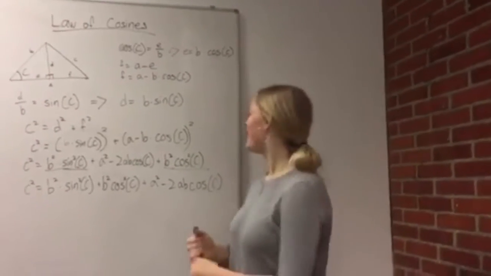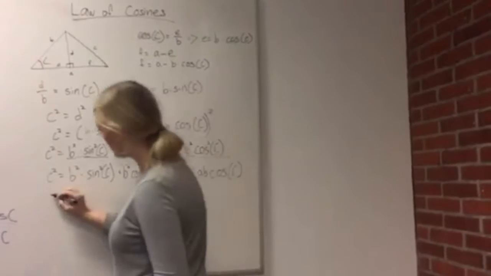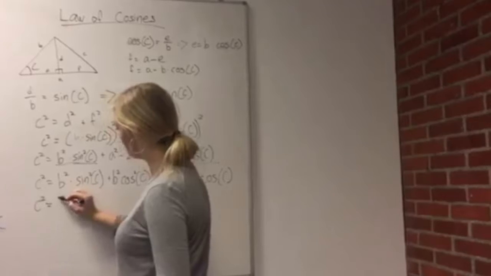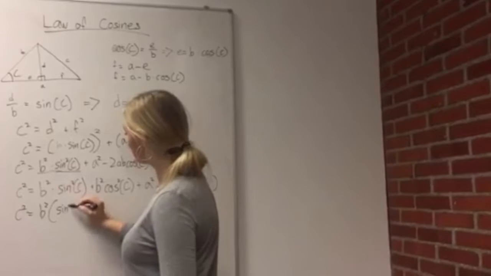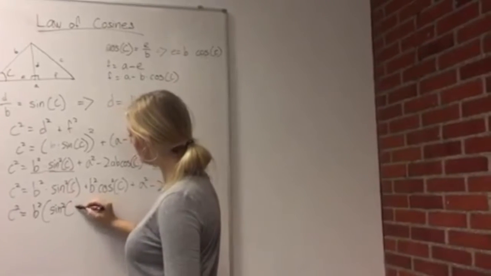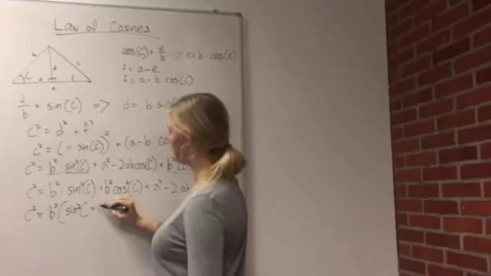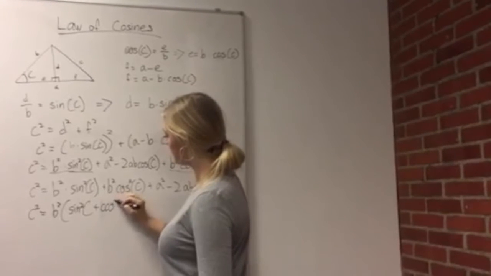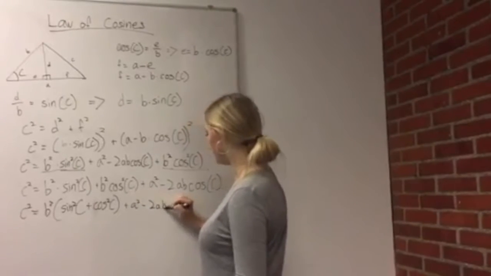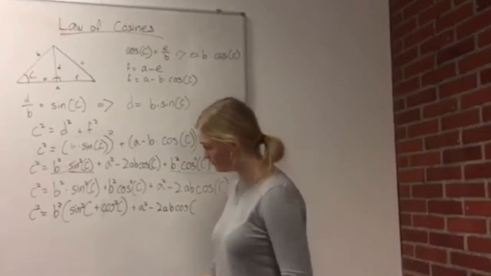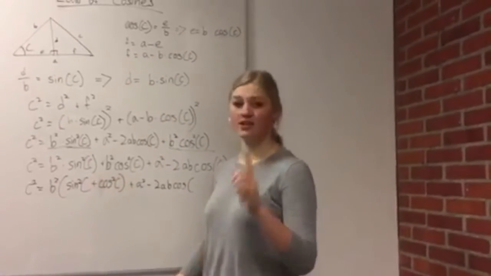Great. And now we will simplify this. So it's c squared equal to b squared, parentheses, sine squared of C plus cosine squared of C, plus a squared minus 2ab cosine of C. And now the rule says if you add sine squared and cosine squared, it just equals 1.